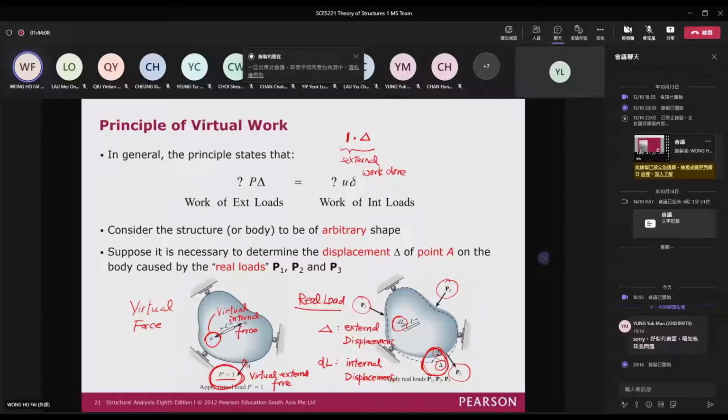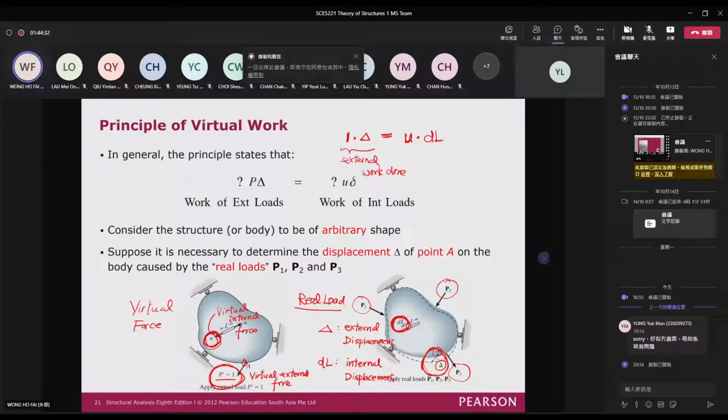And then there will be some internal force here, which is U, and the internal displacement is equal to dl.